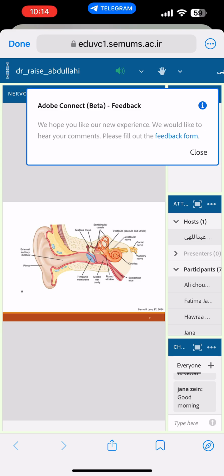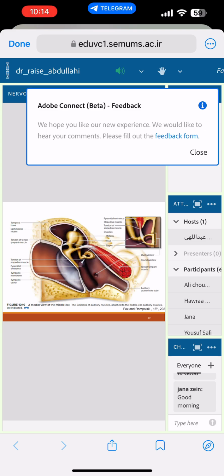Another picture from Berne and Levy. In this picture, you can see a medial view of the middle ear: tympanic membrane, ossicles, oval window.